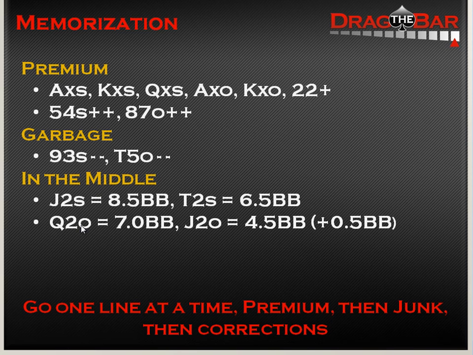For the in the middle hands, I've told some students, okay, just think to yourself, if it's not premium and if it's not garbage, just set your threshold at around 7.5 big blinds, which is halfway between 5 and 10, and you're going to be making about the right decision. A lot of these hands sit around 7.5 blinds, and you're not going to be making too huge of a mistake to just say, if it's not a premium, if it's not garbage, I'm just going to shove it for 7.5 blinds. But eventually, you'll get to the point where you want to go ahead and memorize these numbers.